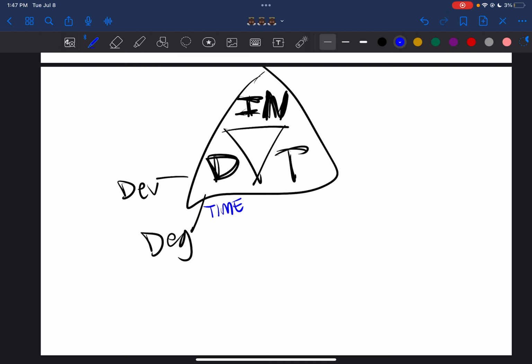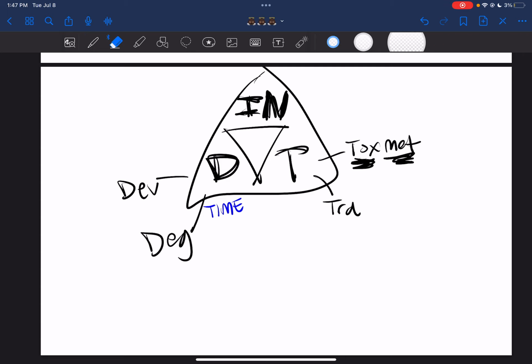On the other hand, the T couple is toxic metabolic versus traumatic. Toxic metabolic is about things that you ingest into the body: toxins, drugs, medications, poisons. And metabolic is also about things that you ingest and what your body does with them. Metabolism. So it's about food. It's all about things inside the body.